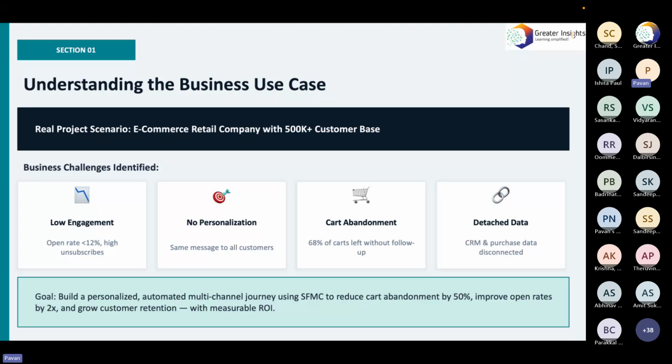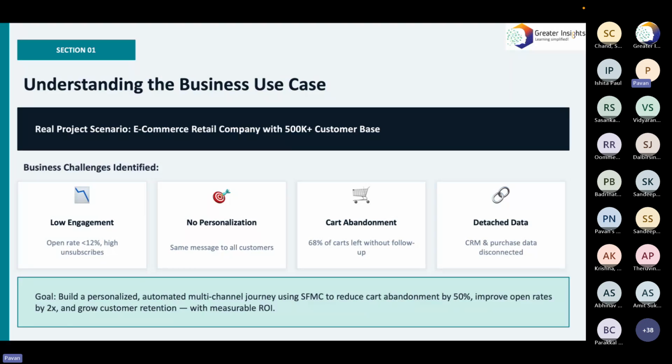The second point was high unsubscriptions, meaning we want to send a marketing email, saying there is a new product launch, or there is an offer going on, whatever. But because of a lack of digital marketing practices, or the right email or right communication to the right customer at the right time.